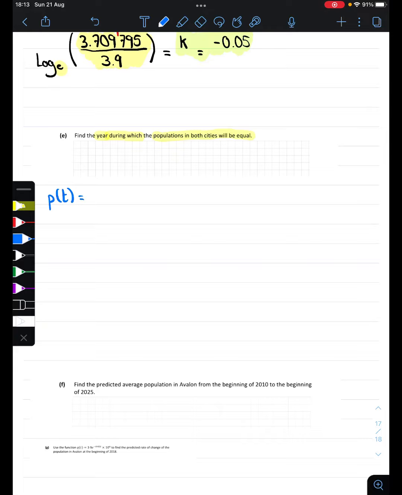P of t equals 1.1 e to the 0.1 t by 10 to the power of 6, and this is the population in Sapphire City.